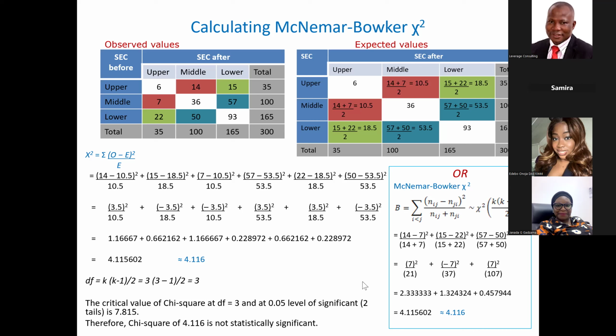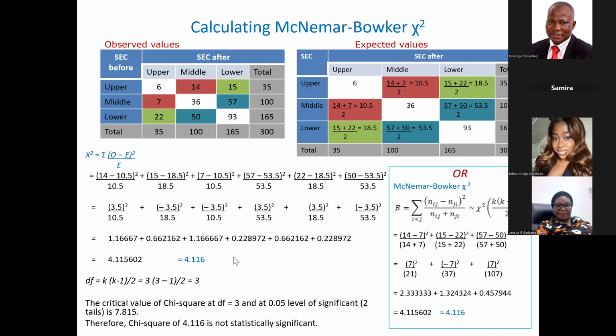You add it, it gives you a chi-square of 4.116. The degree of freedom, I have said to you before, is the same thing as McNemar. The degree of freedom is k into k minus 1 divided by 2. So because there are 3 categories, 3 into 3 minus 1 divided by 2 gives you 3. The degree of freedom is 3.